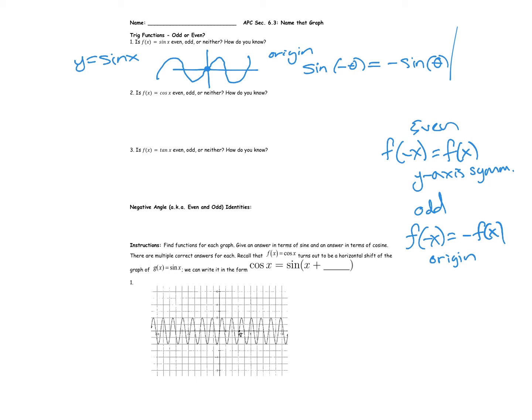And that makes sense if we think about the quadrants. So for example, say we had theta being some quadrant 1 angle. If I think of then negative theta, well, that would be a quadrant 4 angle, and yes, the sine in quadrant 1 of that angle would be positive, but in quadrant 4 it would be negative.